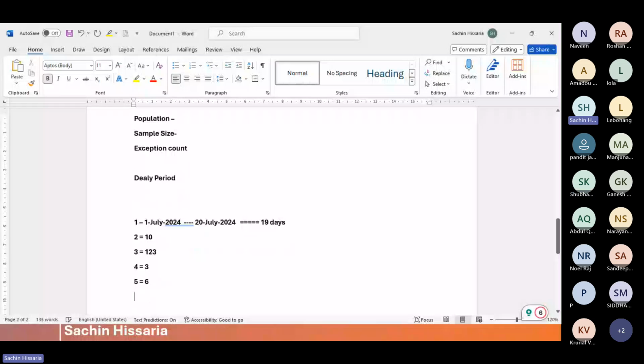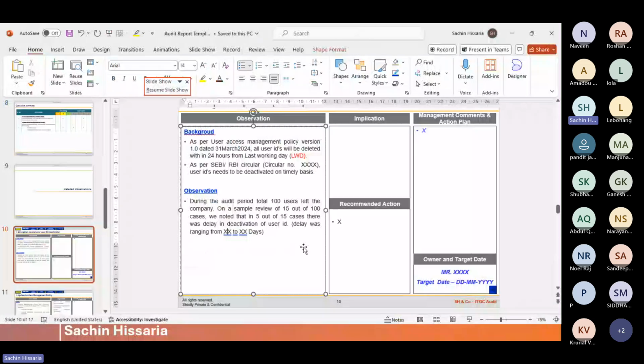And then you will say, refer annexure 1 for details. So now you give the reference to the annexure, and in annexure 1 you will include all these 5 cases.